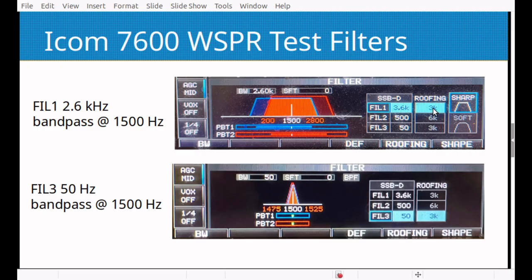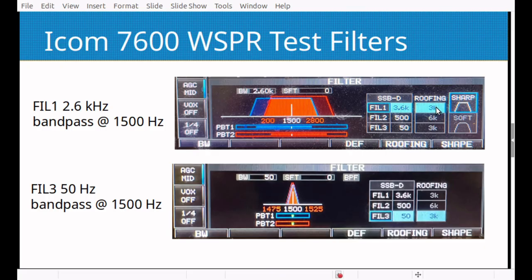I'm using a roofing filter of 3 kilohertz. Now, let me explain what a roofing filter does. A roofing filter is before the second mixer, and it's meant to filter out as much extraneous signal strength as possible.